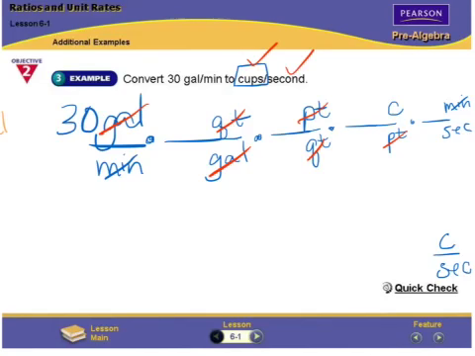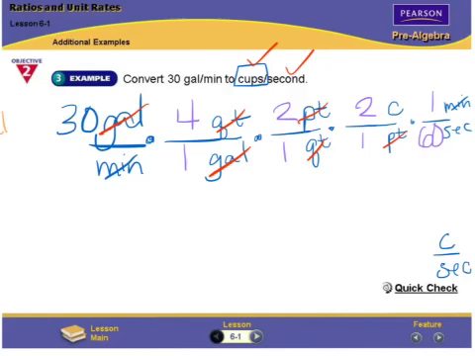Now that we have first identified all of the units to put in to our conversion, now we need to identify the numbers that go in there. Well, if you look, now we need to see how many quarts are in a gallon, how many pints are in a quart, how many cups are in a pint, how many seconds are in a minute.